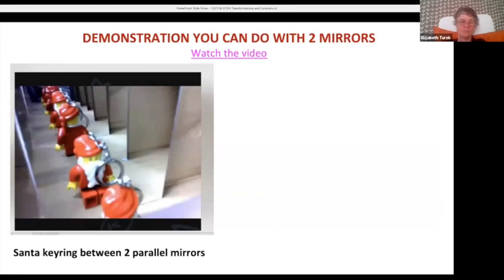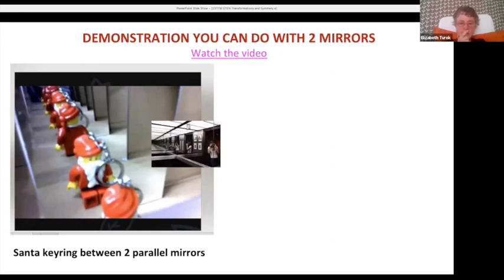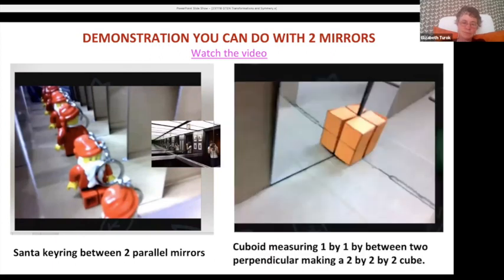Now you're going to see more of this keyring, Santa, and now some of the secrets we're beginning to give away. Santa is between 2 parallel mirrors there, and that was the key to how that picture of the girl in the lift was actually made. More of that coming up.